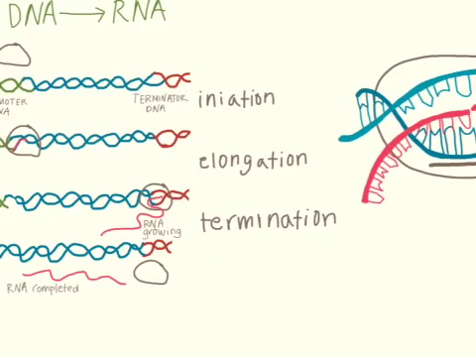So in this slide we're going to talk about the production of RNA, which is called transcription, and it occurs in the nucleus because RNA is transcribed from DNA, which is, as we know, held in the nucleus. So the process begins in initiation.